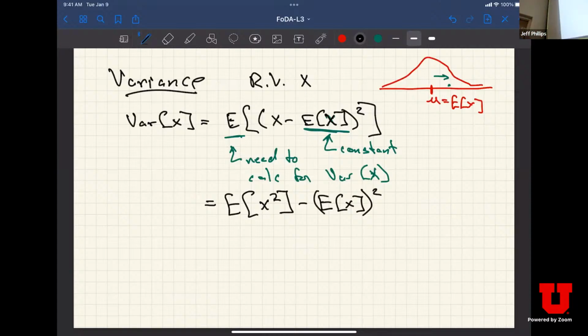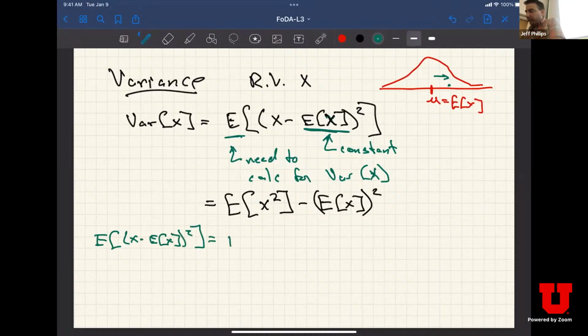Again, these are not the same, right? Because I can't factor out the product X times X. If they were the same, this would always be 0, and that would be uninteresting. You can derive one of these from the other, and actually this is pretty useful to do. Let's say expectation of X minus the expected value of X quantity squared.